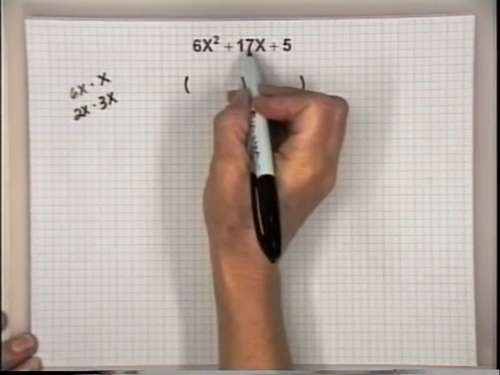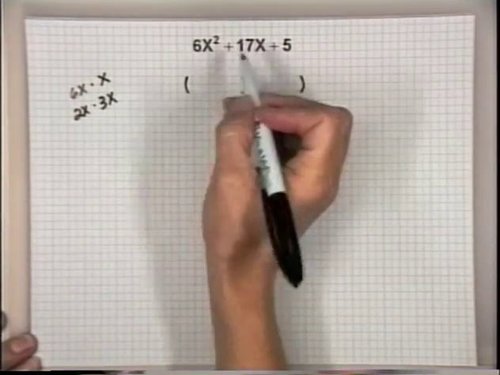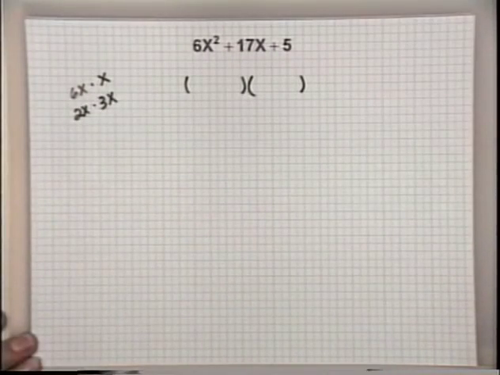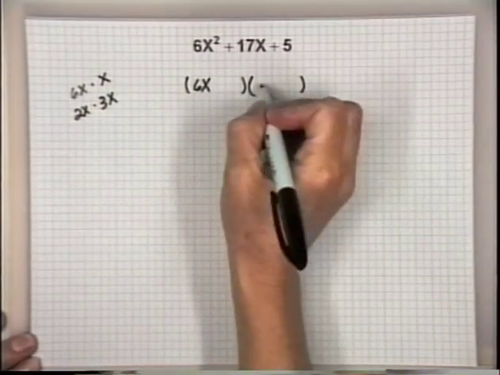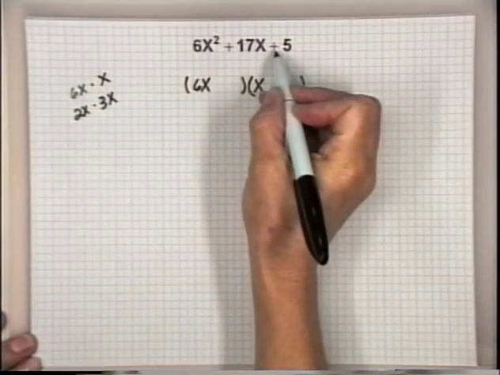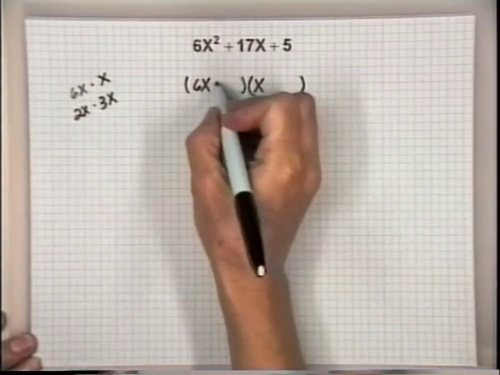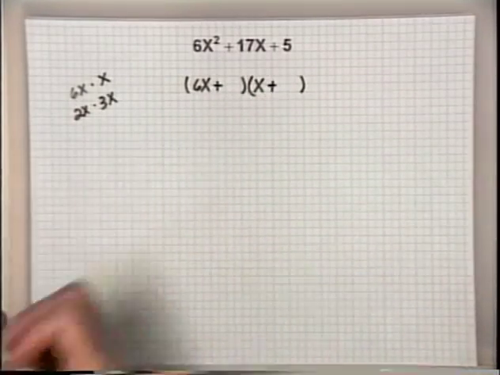I'm looking at this 17 here in the middle and thinking perhaps I might want to use the larger factor of 6 first. I'm not sure that that will work. Let me take a look and see. I will have same signs, both positive. So let's put those signs in.